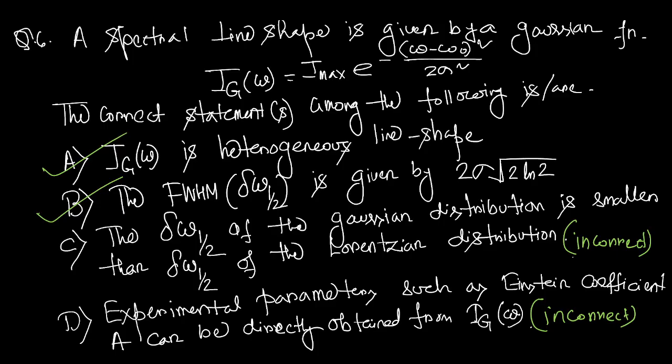It depends on the standard deviation of the distribution. Okay, so only in the natural line width case, that means the isolated and homogeneous case, the A factor can be measured from the FWHM of the peak. So from a Gaussian it is not possible.